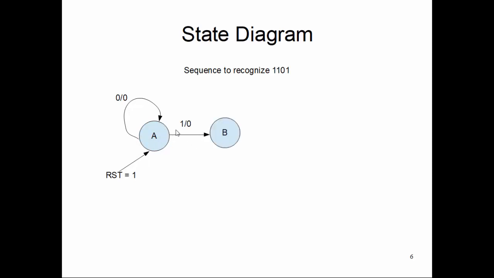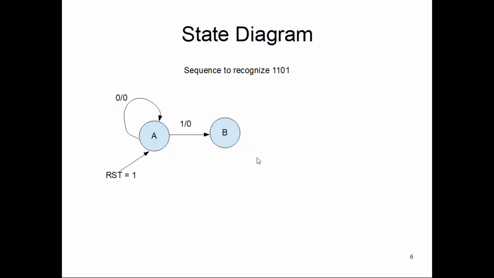The mark on that edge says that from state A, if my input is 1, my output will be 0 and my state will be B.